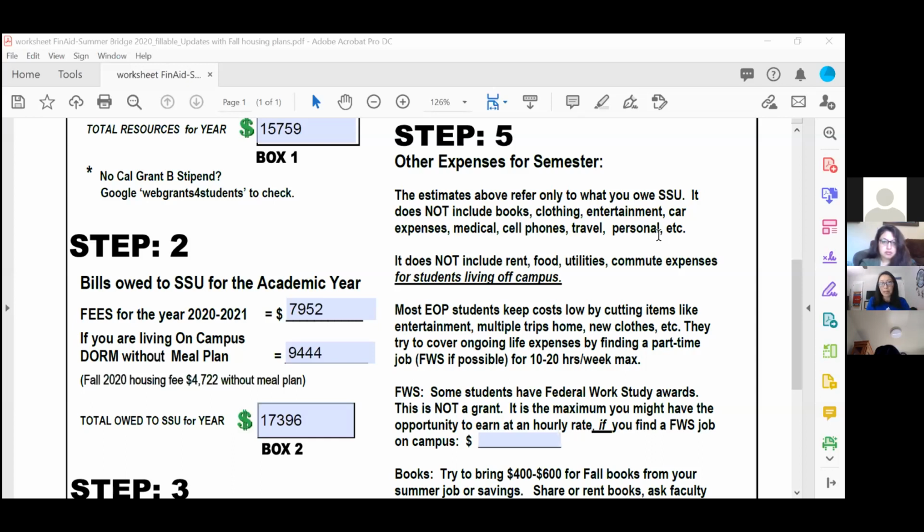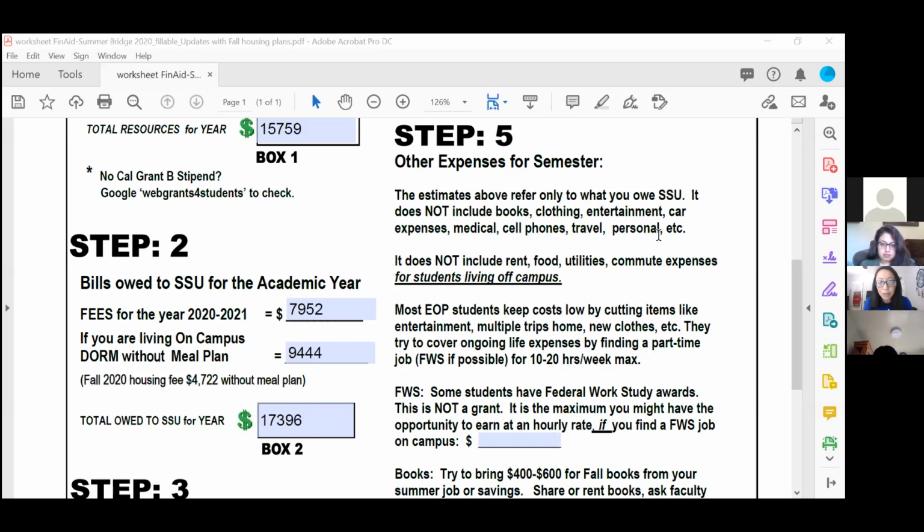There could be something that may have been missed in there, so please connect with us, your specific Summer Bridge advisor. Usually as an advisor, what I like to do is work with my student and then follow up with a financial aid representative together.